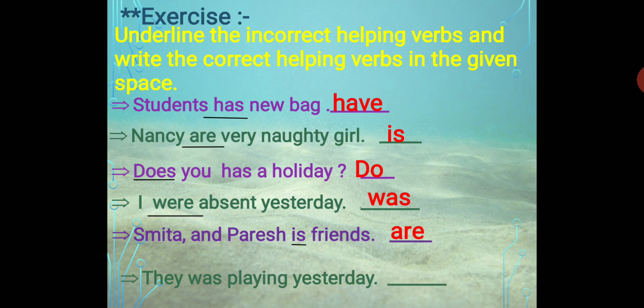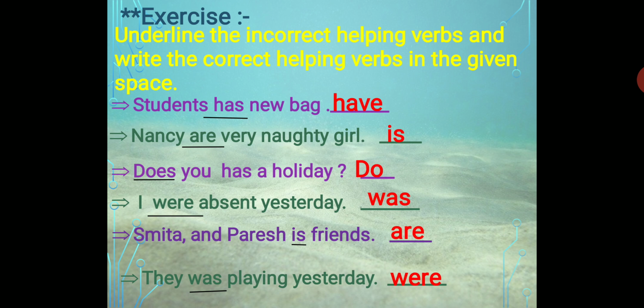Next is they was playing yesterday. Yesterday means the action is in the past time. They represents the plural form. So is was the correct helping verb for the sentence? No, it is the wrong helping verb. So what will be the answer?